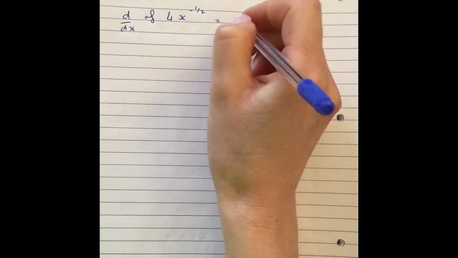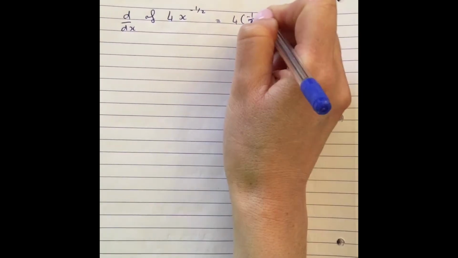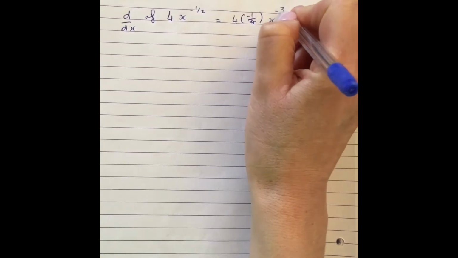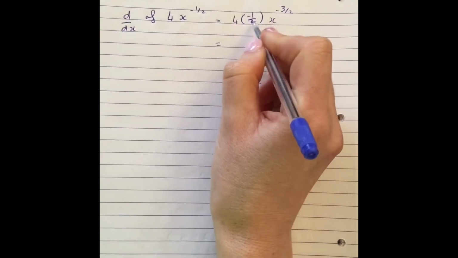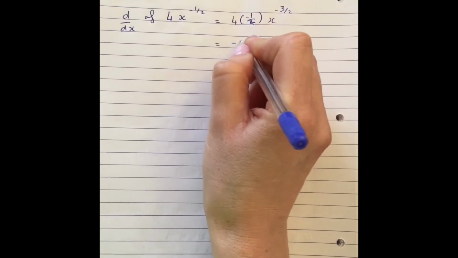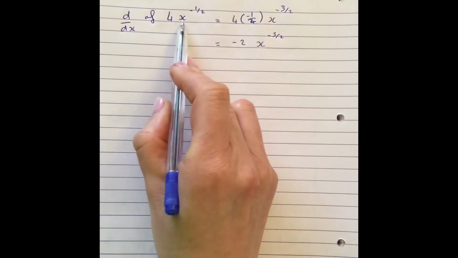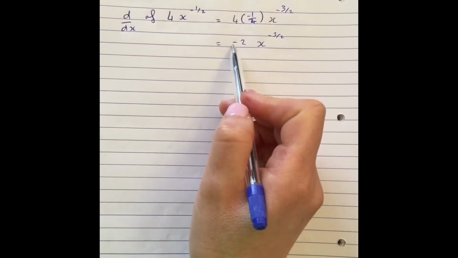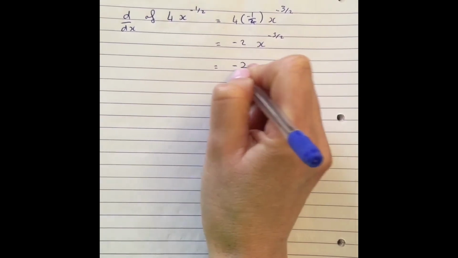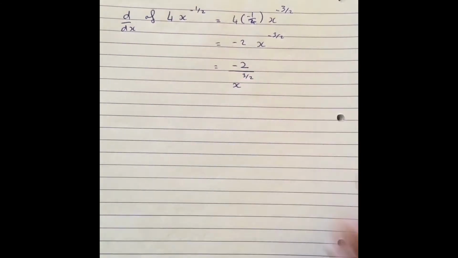The minus a half will come down beside the 4, and then we remove 1 from the minus a half to get minus 3 over 2. Be careful there that you don't accidentally write 4. So 4 times minus a half is going to be minus 2. And so the differential of 4x to the minus a half is negative 2x to the minus 3 over 2, which can be written as negative 2 over x to the power of 3 over 2.